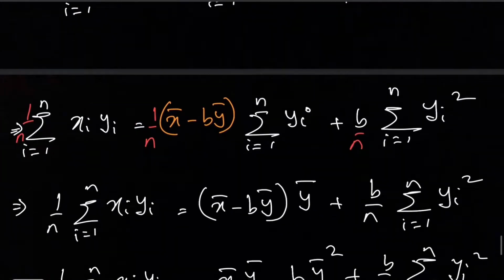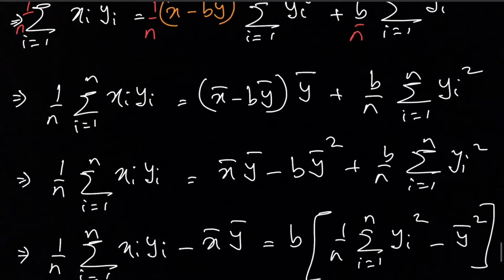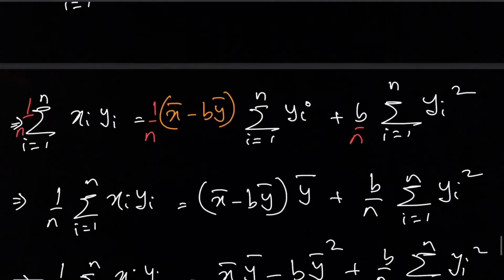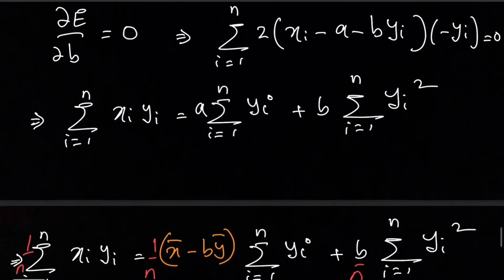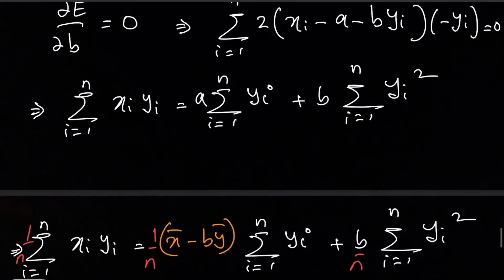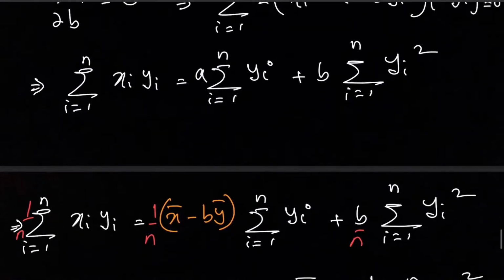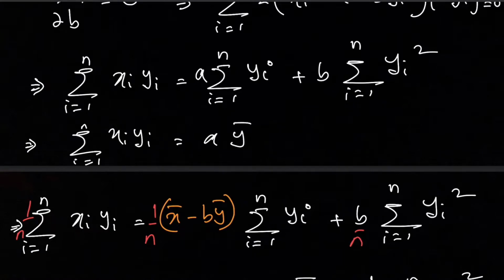By the way, I think I missed one thing. We can also write it here as summation i is equal to 1 to n xi yi is equal to a times y bar plus b by n summation i is equal to 1 to n, 1 by n, I missed that part, yi square.